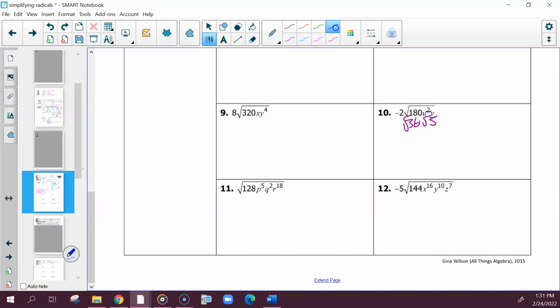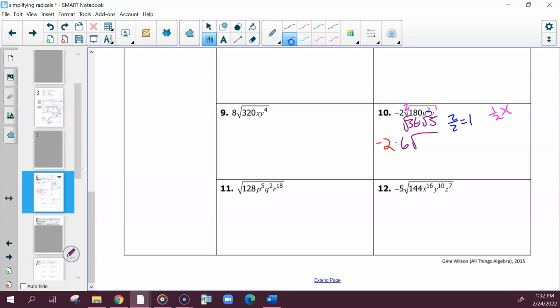2 is even. So I know there's going to be 1 u that comes out. B is a power of 1. 2 does not go into 1 at all. So that means B is going to stay on the inside. So what I have so far is the original negative 2 from the outside. The square root of 36 is 6.